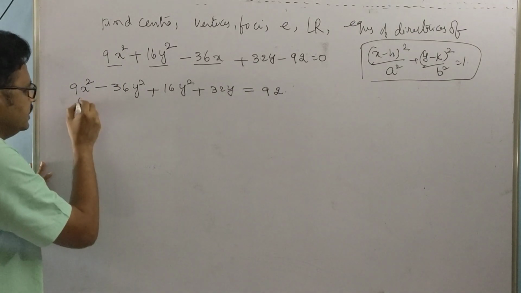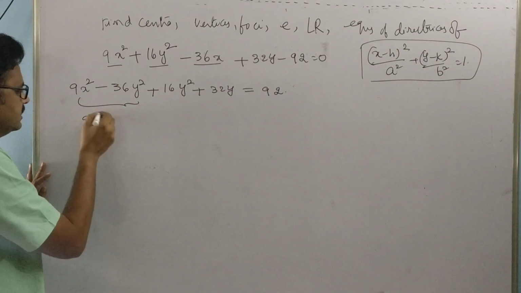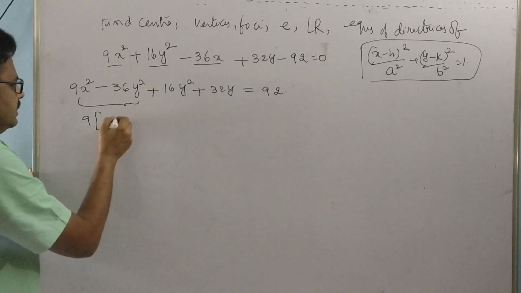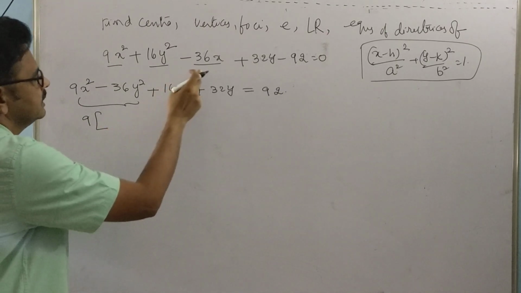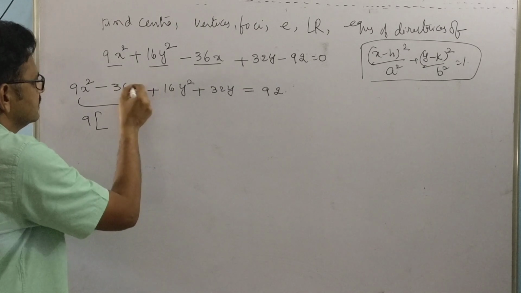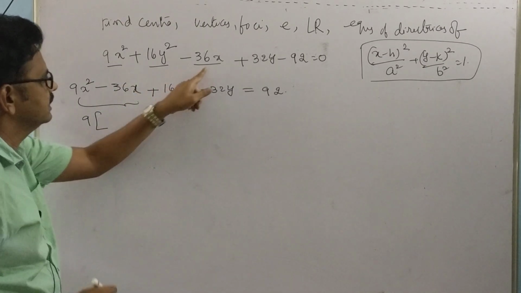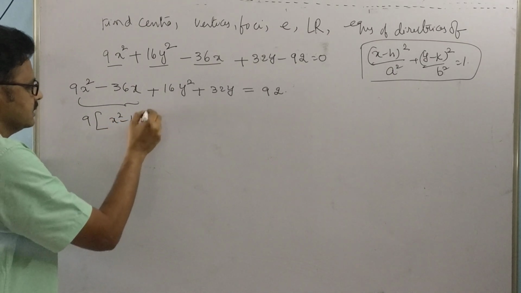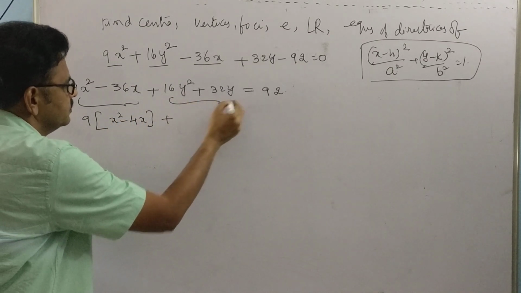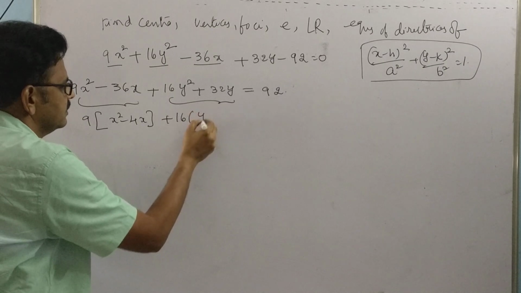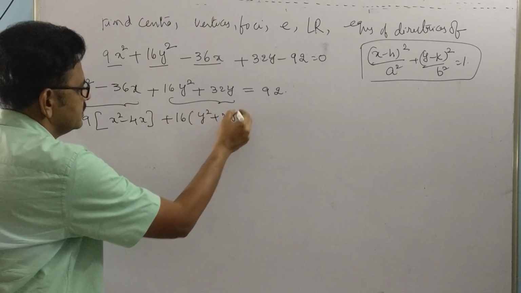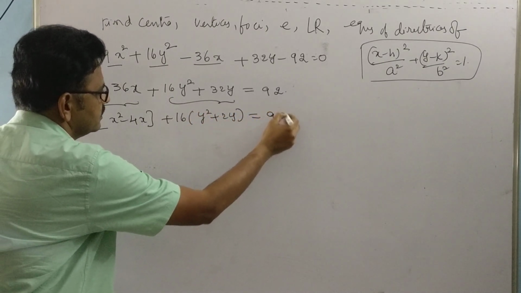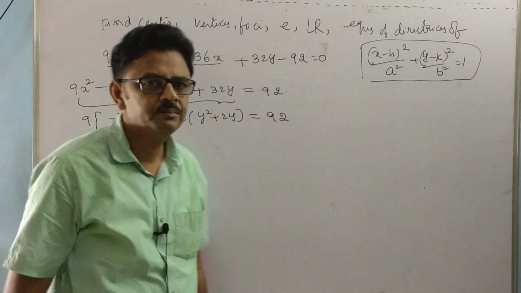From these two, take 9 common: 9 into x² - 4x. From these two, take 16 common: y² + 2y, equal to 92.